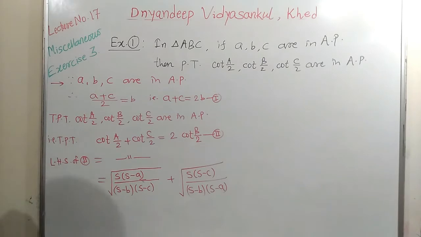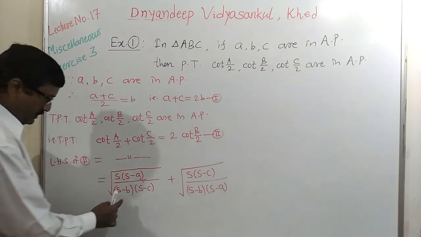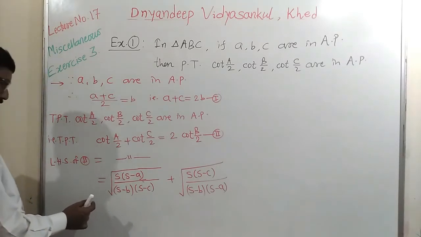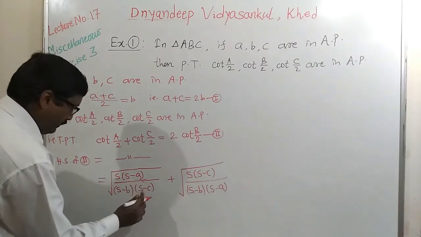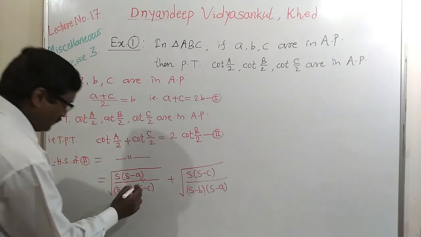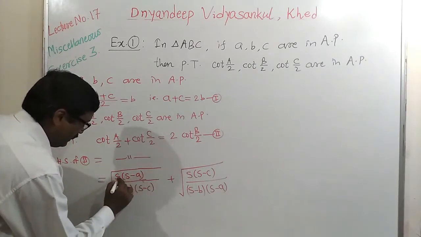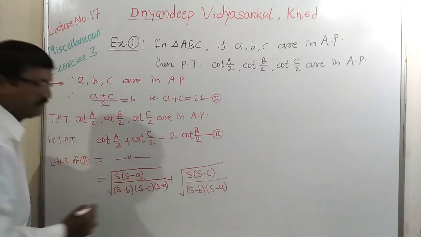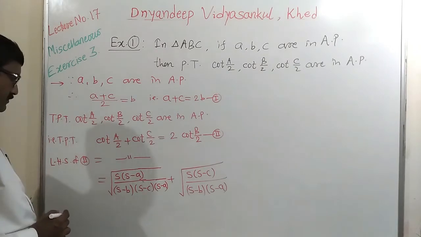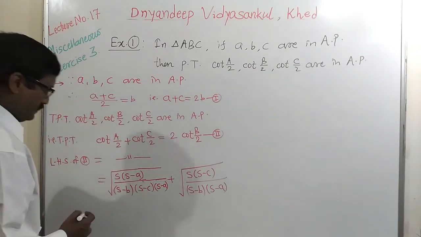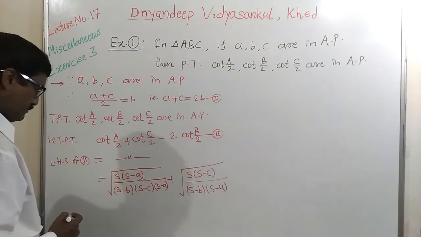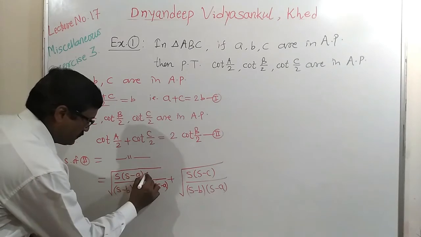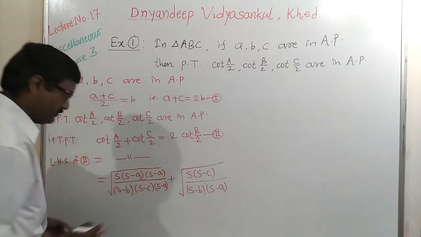Now what to do here? Remember S minus b, S minus c. Let us multiply both numerator and denominator by S minus a and S. So here is S minus a, and here is S minus a.